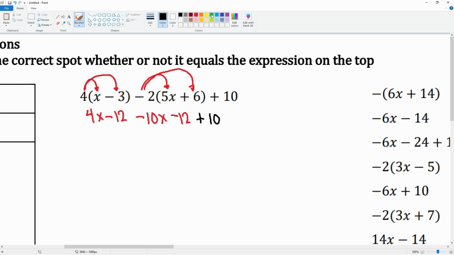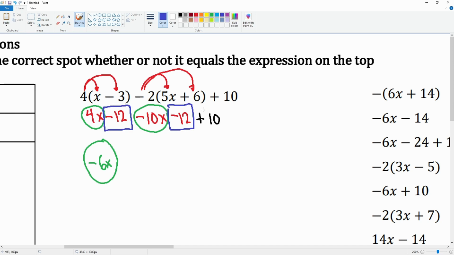We're going to start to combine some like terms. We have the 4x and the -10x. So together, 4x and -10x gets us a -6x. Then we have our constant terms: a -12, a -12, and a plus 10. -12 and -12 get you -24.